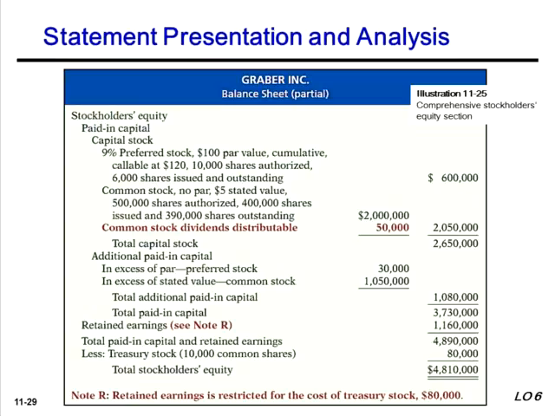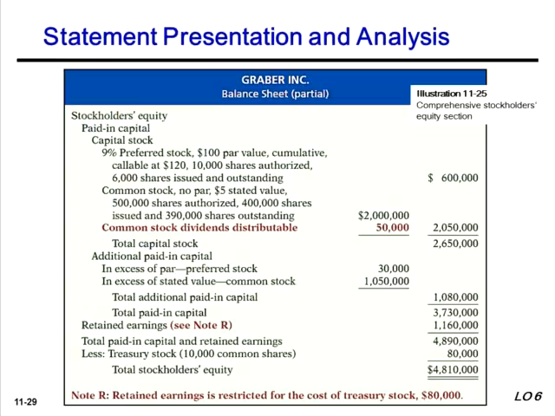Now, for common stock, there's no par value. There's a stated value instead of $5. 500,000 shares authorized, so that's the maximum that they can issue. They have issued 400,000 shares. And it says there are 390,000 shares outstanding.